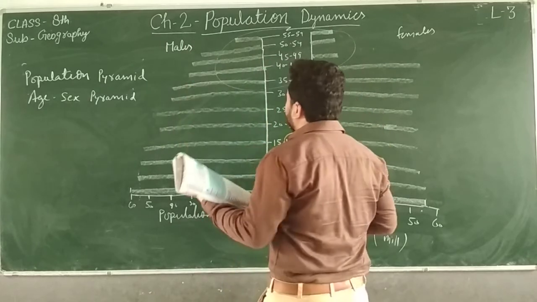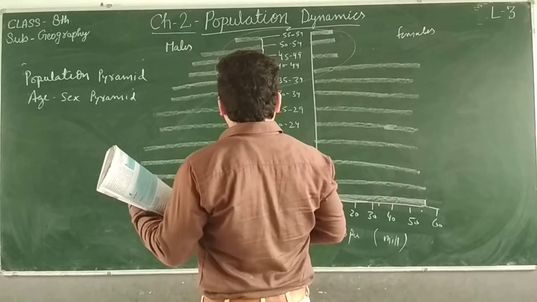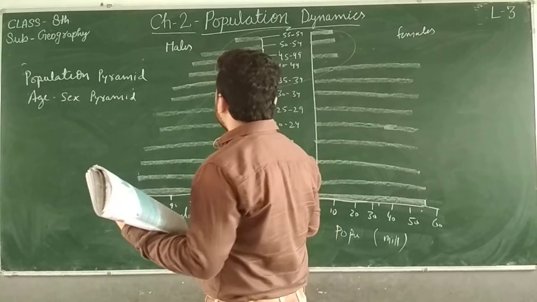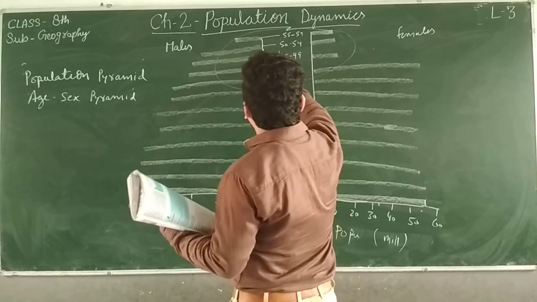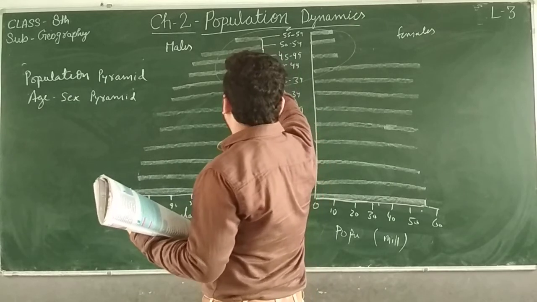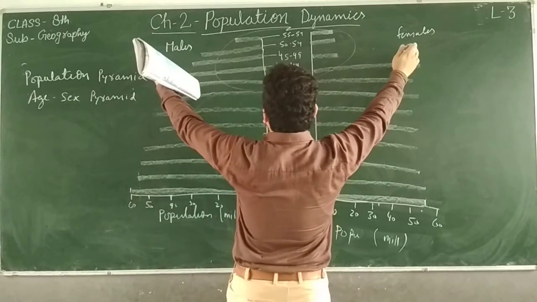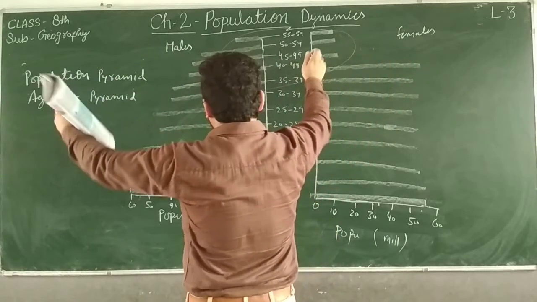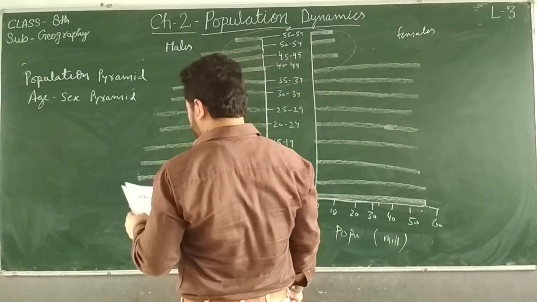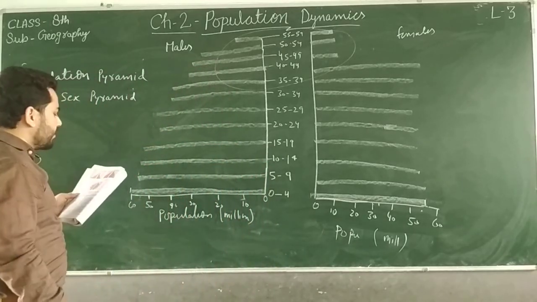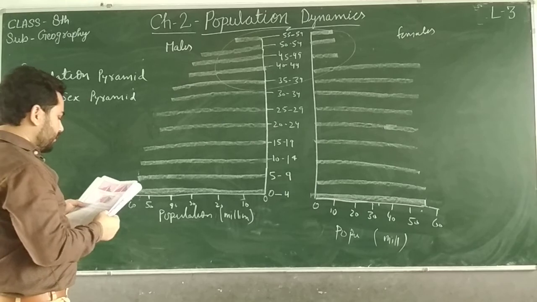So it is showing that if the pyramid is narrow from the top, it means the death rate at that particular age is small. If at 60 it was broad, then so many people were dying at the age of 60 or 65. That is how we show the age and sex component of population.